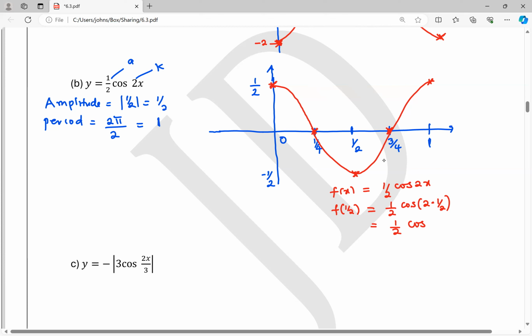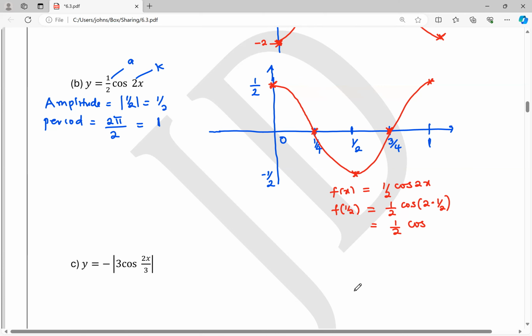Now remember, we're substituting x equals to what? x is equal to half, right? So you have 2 times this, and equals to half. So what are we going to get?